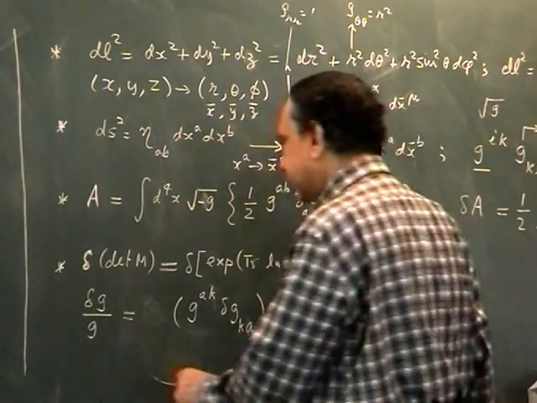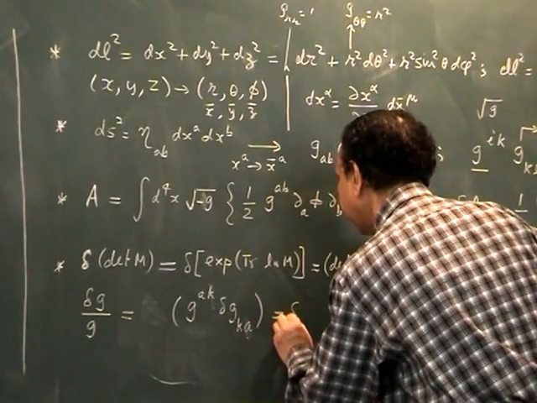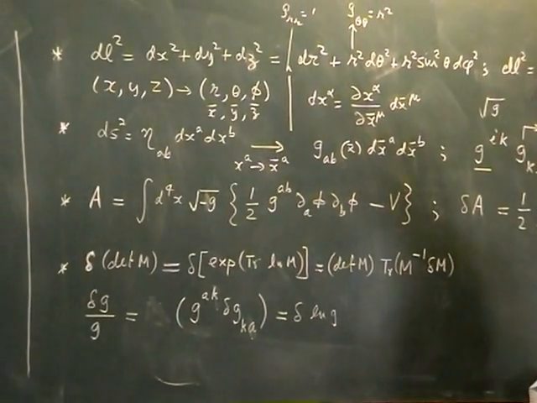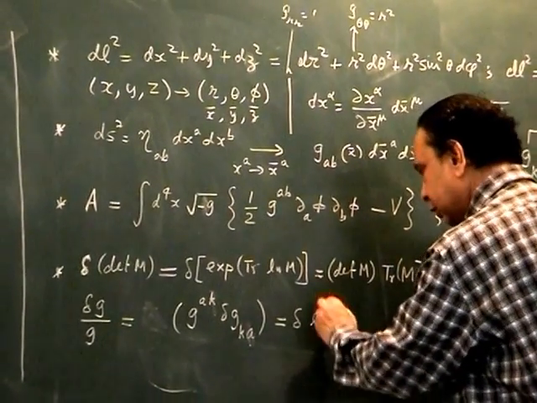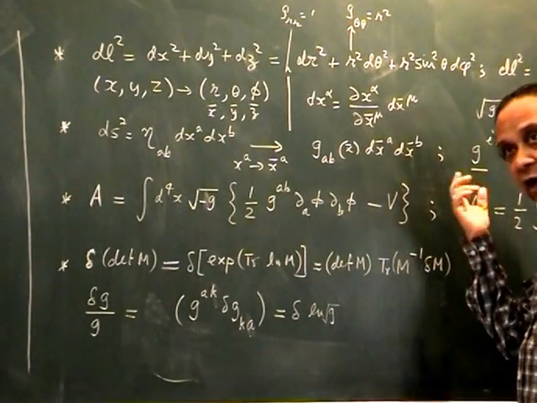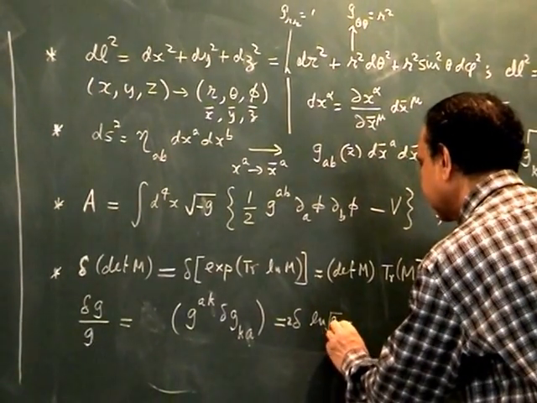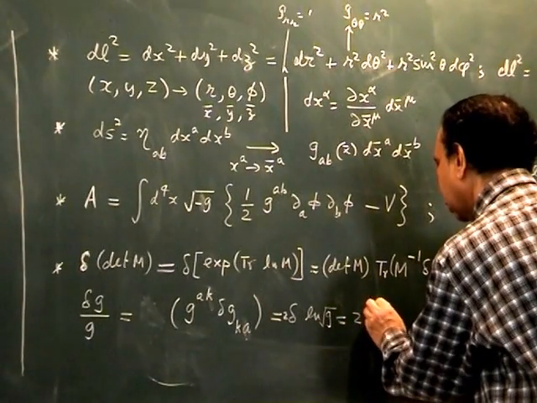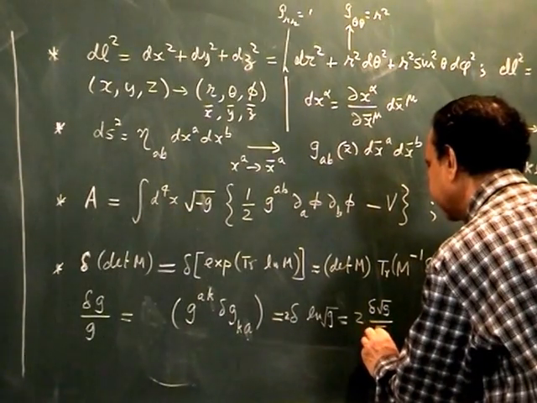Now you write this delta, this is going to be on the left hand side, it is delta of log G. It is good to write this since we need root minus G as root minus G square. So log of something square is 2 times log of that quantity. So this is going to be 2 delta of root G divided by root G.